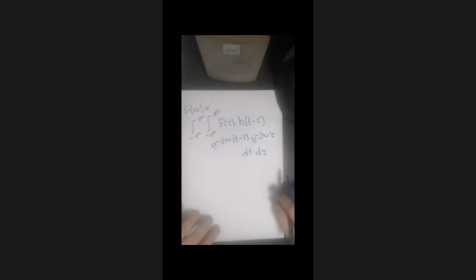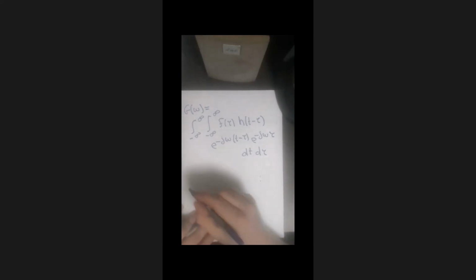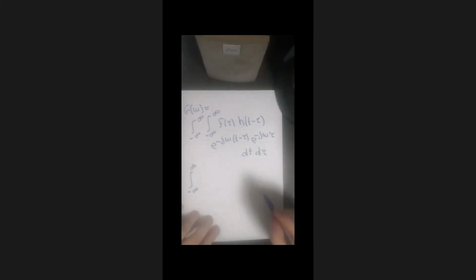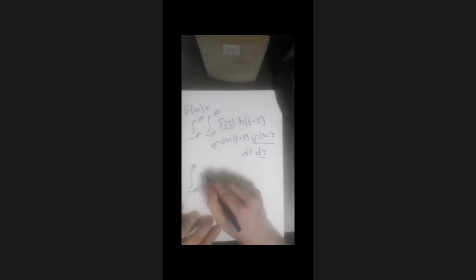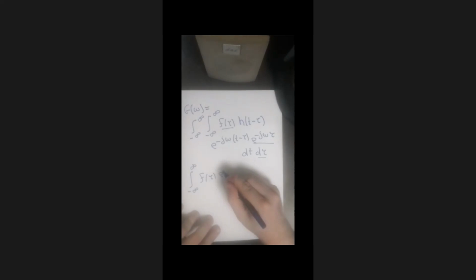So in this integral form, what we are going to do is very simple. We can now make what's called the separation of variables. First, let's start with those related to tau, only tau. We have f of tau e power minus j omega tau d tau. So let's write it. F of tau e power minus j omega tau d tau.